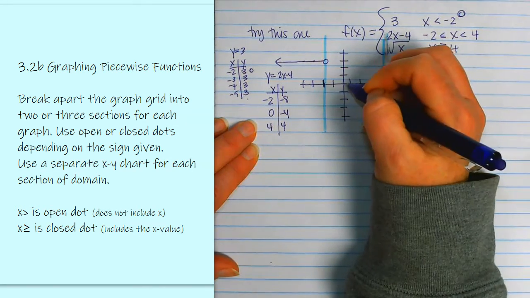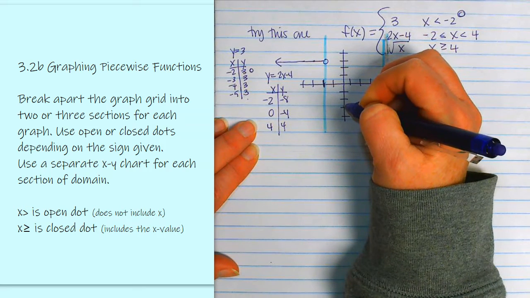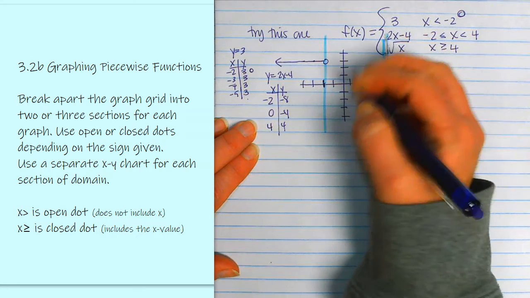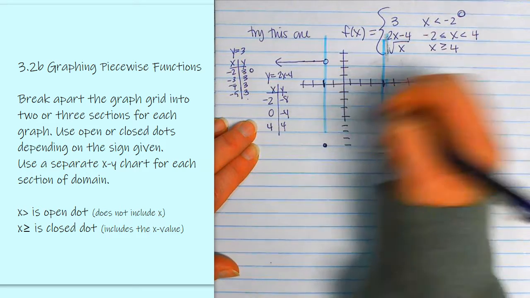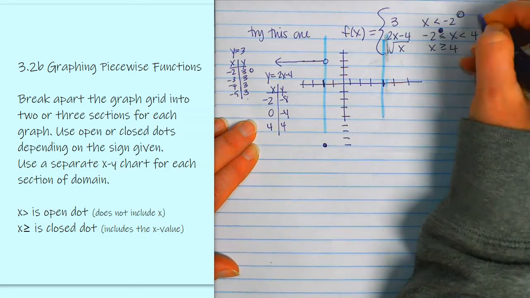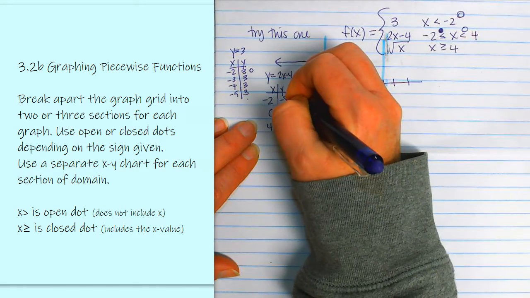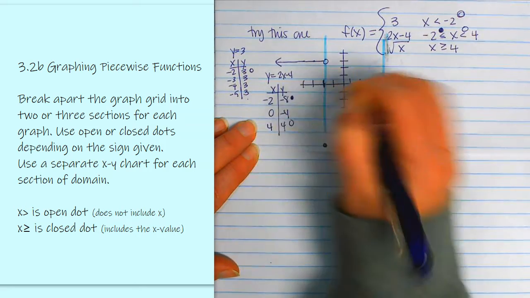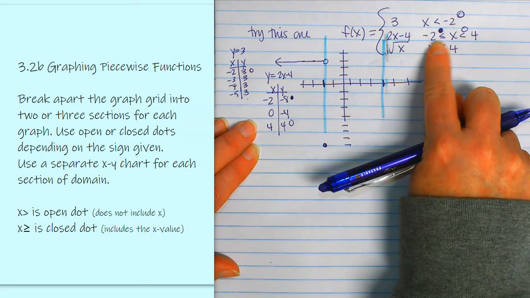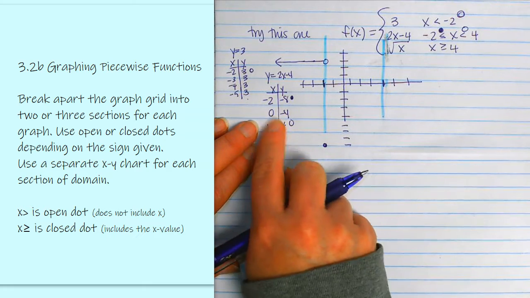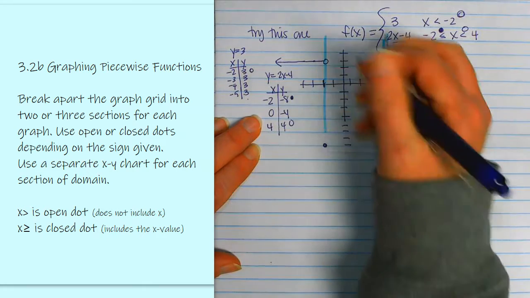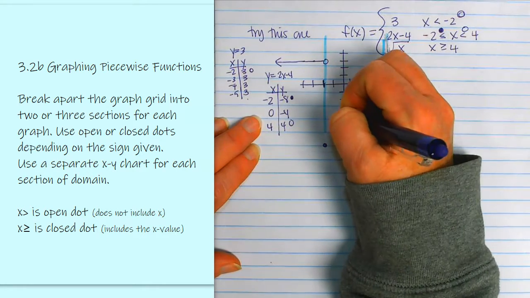So let's see. At -2, 1, 2, 3, 4, 5, 6, 7, 8. I'm here with a solid dot. Solid dot at -2 because of the equals, open dot at 4. So I've got the solid dot there. 0, -4 is a point. 1, 2, 3, 4.